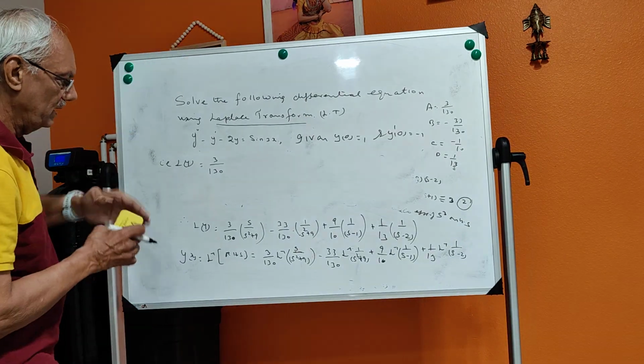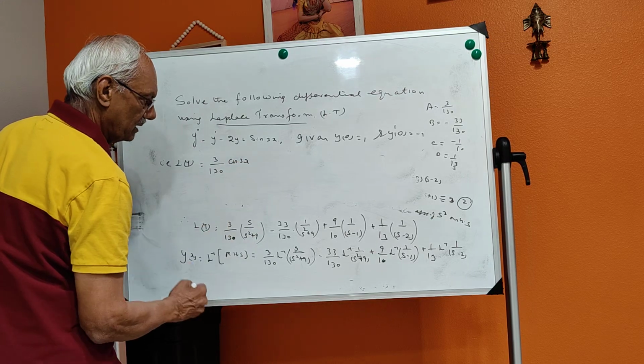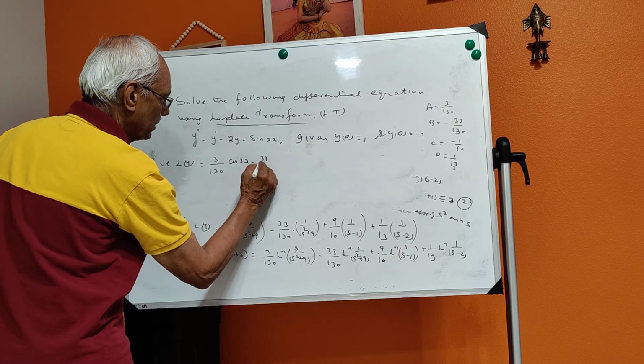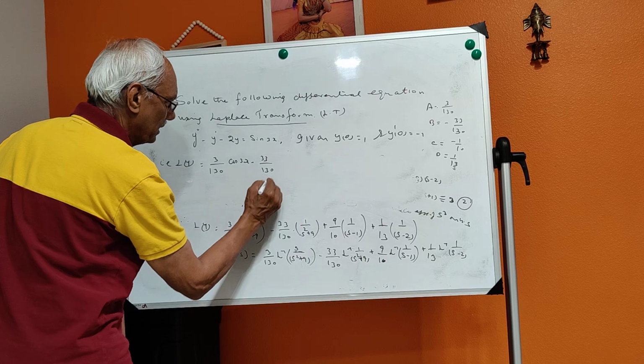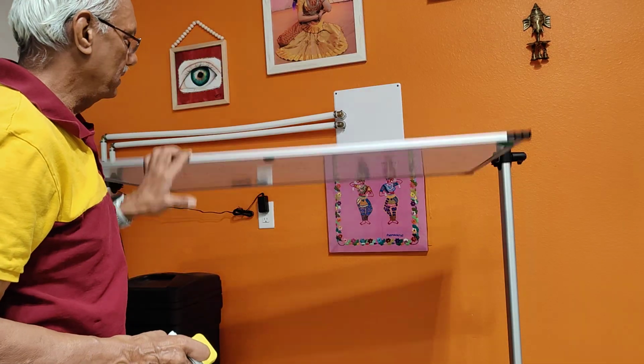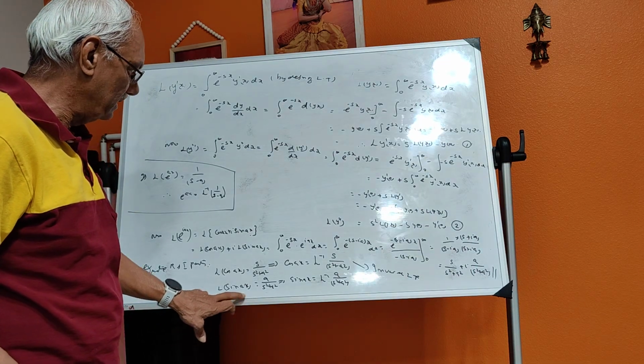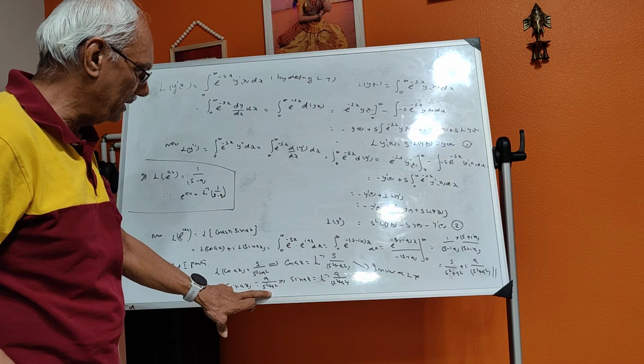So this is nothing but your cos 3x. Then minus 33 by 130, and here you can find sine. You can see L of sine ax is equal to a by s squared plus a squared.